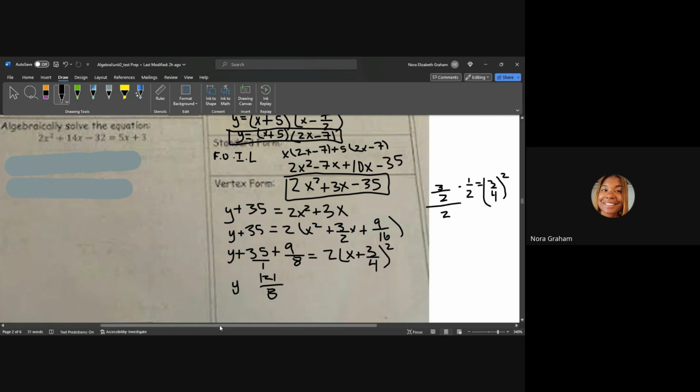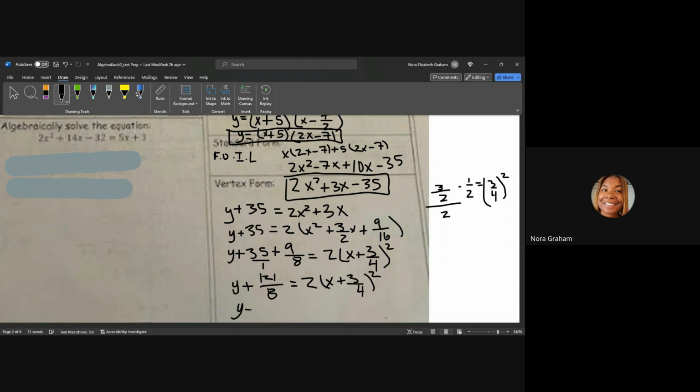It's supposed to be a plus. And then equals 2 in parentheses x plus 3 over 4 squared. And then we just want to isolate our y.